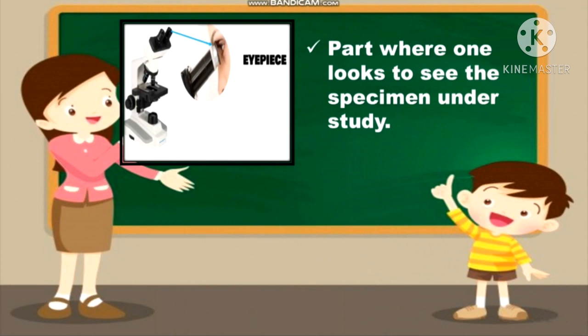When we say eyepiece, this is the part where one looks to see the specimen under study. It is what you look through at the top of the microscope. Typically, standard eyepieces have a magnifying power of 10 times. Optional eyepieces of varying powers are available, typically from 5 times to 30 times.